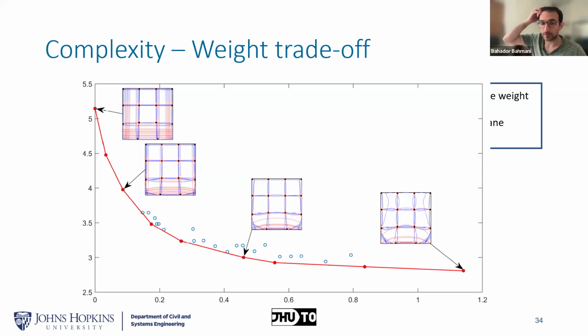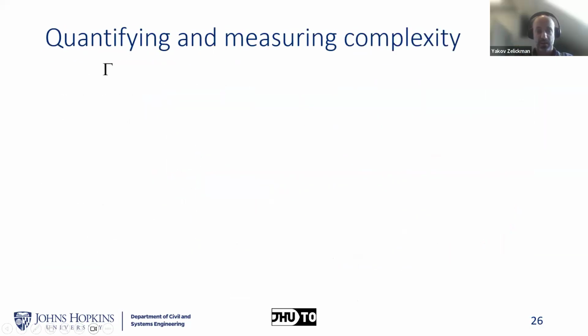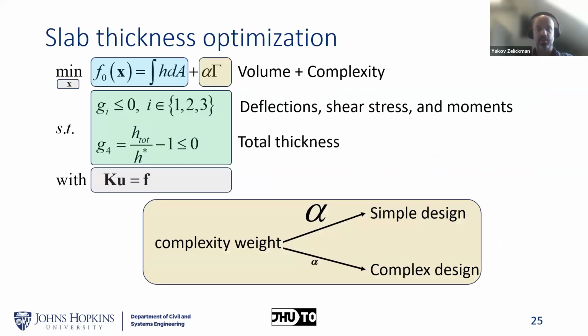And just out of curiosity, when it comes to the multi-objective, how do you optimize? So I talked 10 seconds about this here. This is the other example of the thickness distribution. When you see here, there are two components to the objective. The first component is basically the volume of the floor.